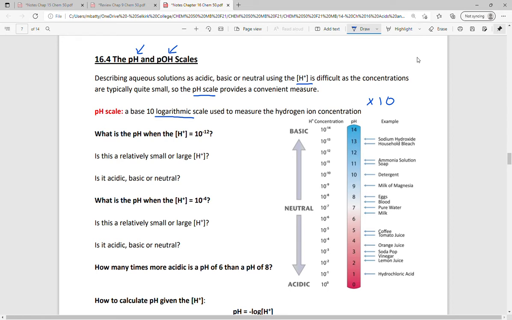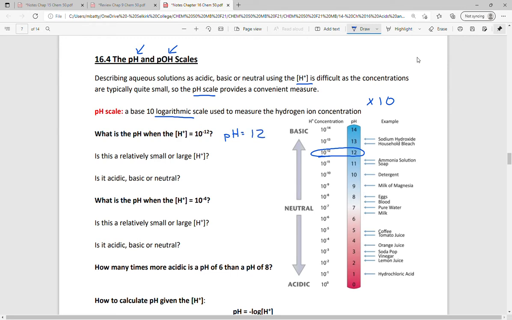So it says, what is the pH when the hydrogen ion concentration is 10 to the -12? And this image here in your notes is really handy. So the hydrogen ion concentration of 10 to the -12 has the pH of 12. That's what we're talking about. It's talking about the exponent on base 10. So if I were to answer this question, I would say that the pH equals 12.